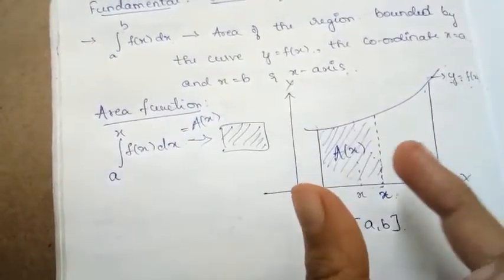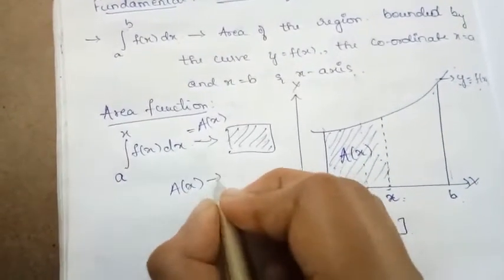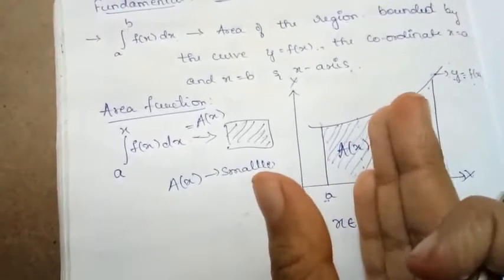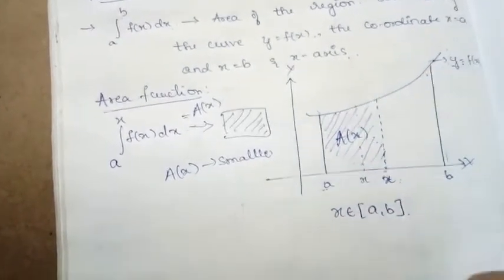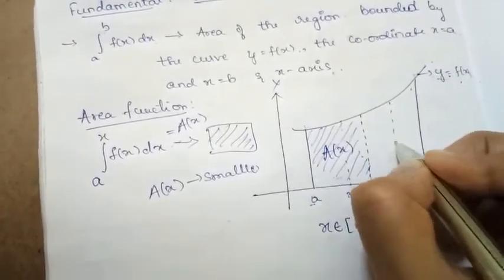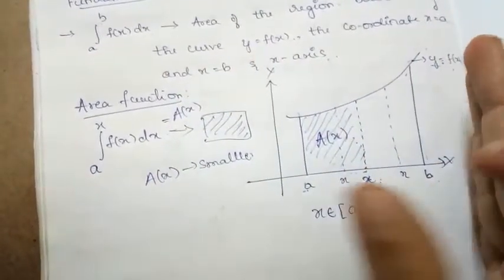This area A of x becomes smaller as x varies. The area is compressed a little bit, so the area varies as x varies. Suppose I move that x towards the right, what happens? As x moves, the area also expands.